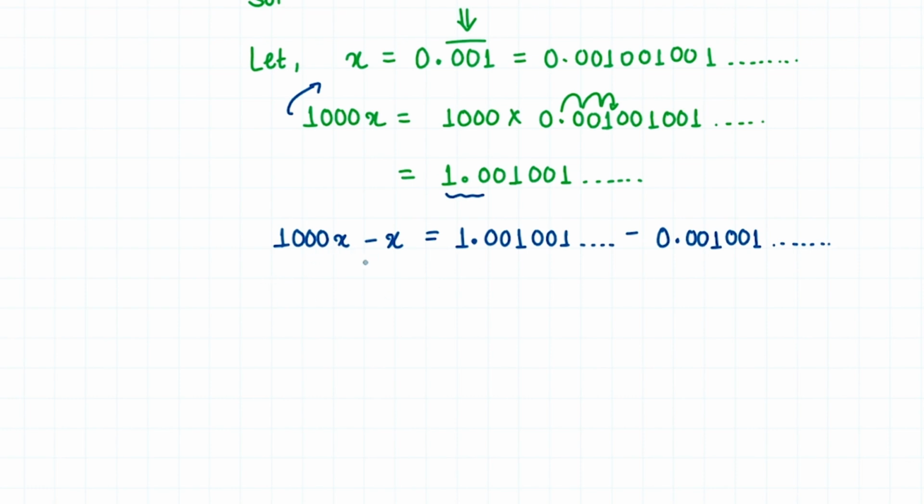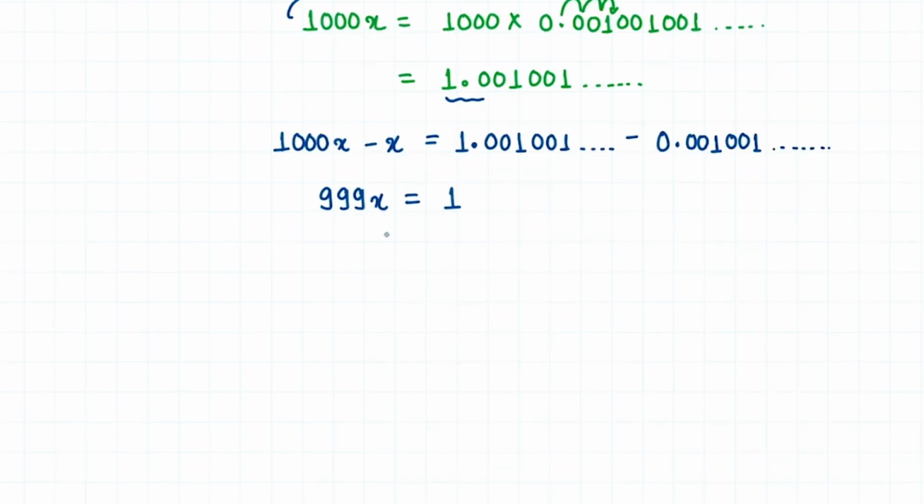Now, when we subtract this 1000x and x, we are going to get 999x, which is going to be equal to, when you subtract 1.001001 minus 0.001001, 1. So I'm not going to show this subtraction again, okay? We have already done 2 subtractions above. It's just going to be 1, okay?